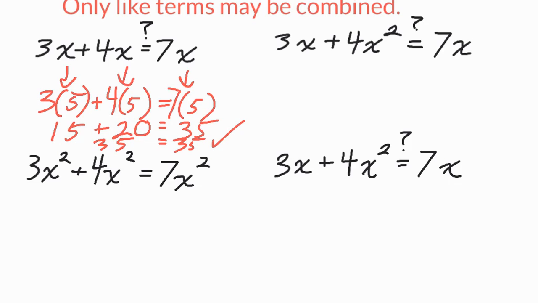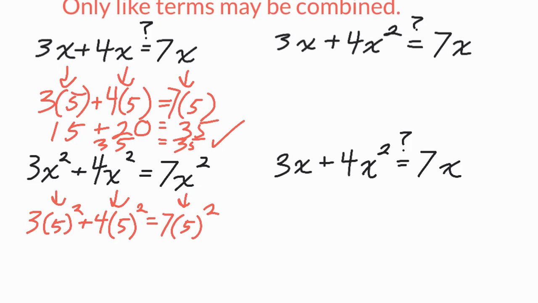This should really be exactly the same as this if we plug in some number for the x's over here. So let's do the same exact thing we did before. Everywhere I see an x, I'm just going to plug in the number 5, and I'm going to see if both sides of my equation are really true. So we have 3 times 5 squared plus 4 times 5 squared equals 7 times 5 squared. I'm just picking 5 here because it's an easy number to use. You can use any number you want. Is that true? Well, 5 squared means 5 times 5, which is 25.